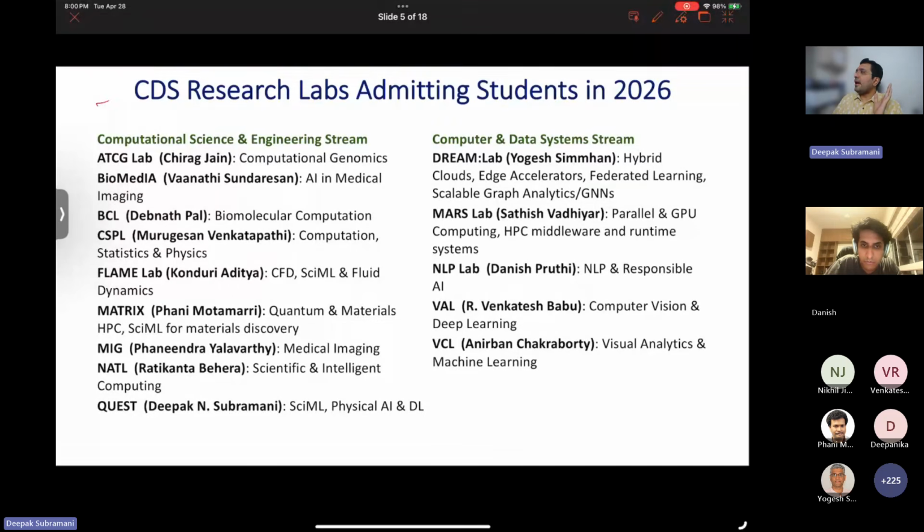So I think we are at 8 o'clock. We have spent 2 hours describing the department courses, and this slide shows the 14 labs that are accepting students. So once again, to wrap it up, please fill in the candidate information form, the link that I have emailed you, and select the 3 labs that are your preference. How to select the lab, the algorithm for that I already told you.